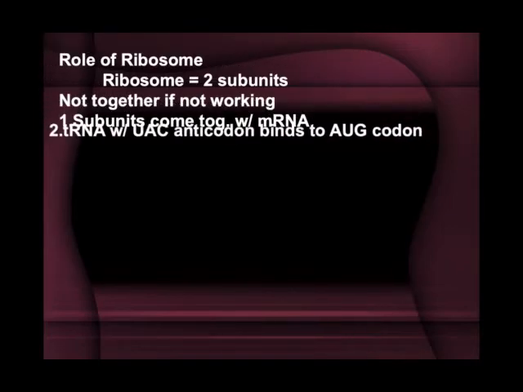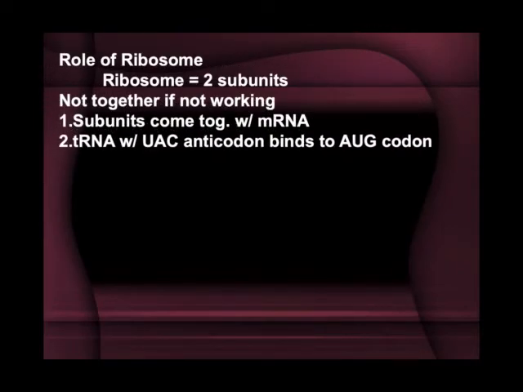Then a tRNA with a UAC anticodon binds to the AUG codon on the mRNA. Remember, mRNAs always start with AUG because that's the start codon.